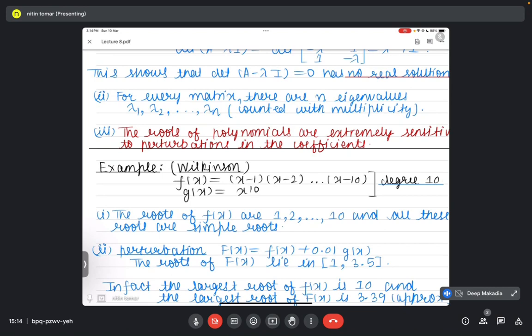Now we'll show this via one example. Okay, so this remark is followed by this example, and this is due to Wilkinson.